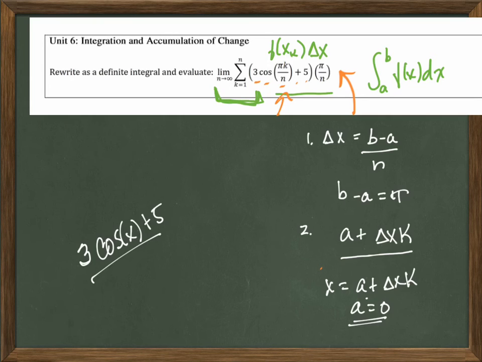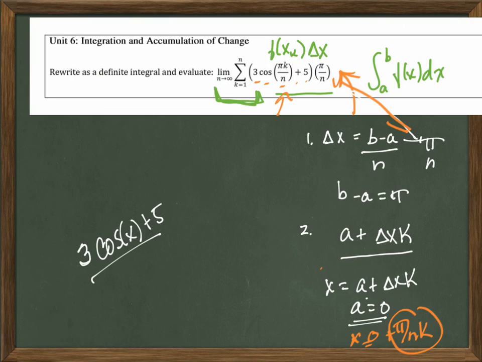And then delta x we already knew was pi over n from that right there. So 0 plus pi over n k, is that what I have in there? It sure is. So x is equal to pi over n k.